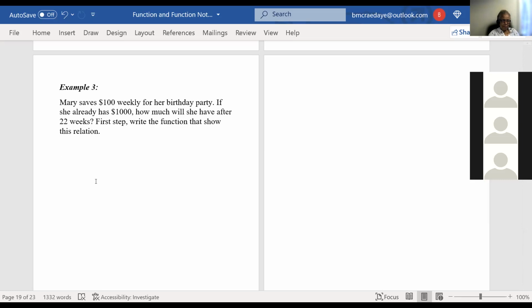We know this is a linear function, right? There is $100 per week, and she saves for 22 weeks.